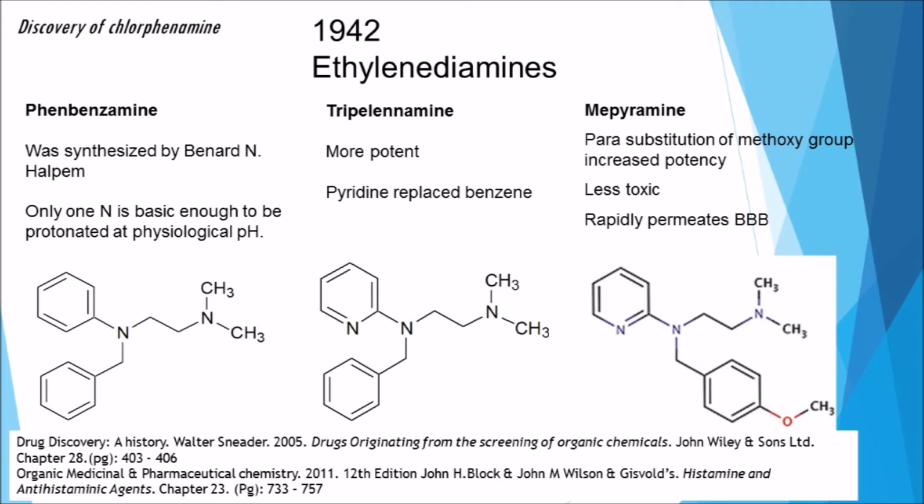In triphenamine, when the benzene was replaced with a pyridine, the potency increased. And later, in meperamine, parasubstitution with the lipophilic methoxy group increased the potency and lipophilicity, and also decreased the toxicity. Since all these are lipophilic, they can cross the blood-brain barrier and thus have sedative effects.